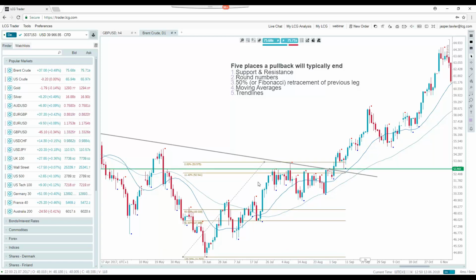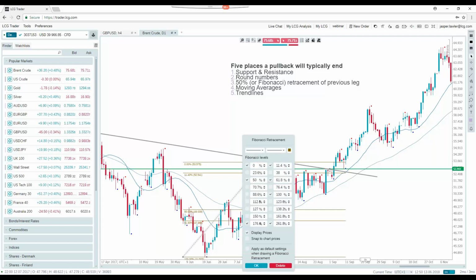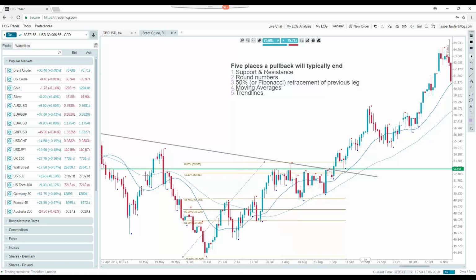And actually, when we're looking at this particular pullback area, do you remember it ended at 50, just above the moving average, and it's a little bit of a false break of that particular support, but it is these resistance areas. Here you see it's pretty nicely the 38% pullback in terms of Fibonacci right here.